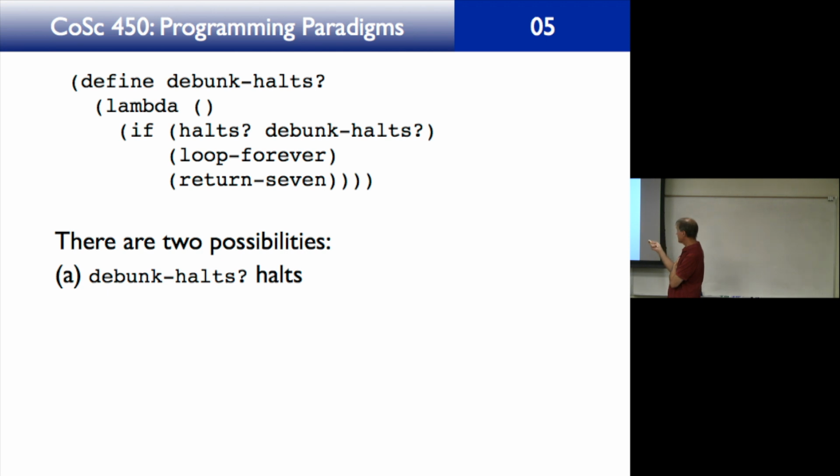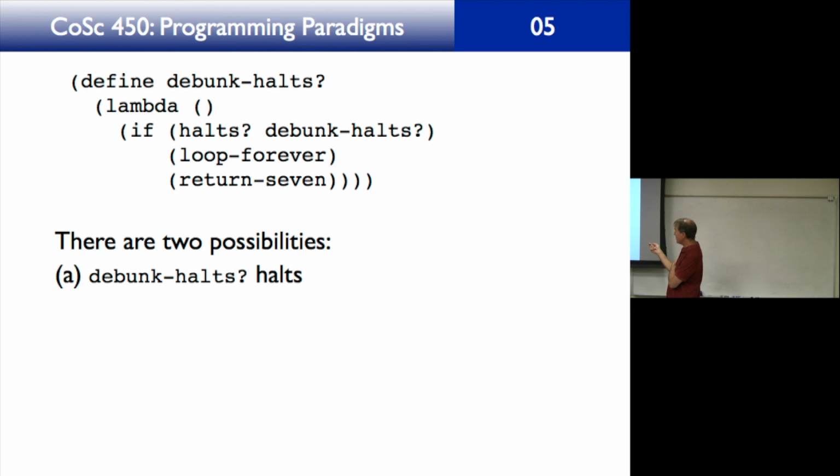Here's one possibility. One possibility is that debunk halts actually halts. Now follow this reasoning, you guys. If debunk halts, what does that say? And if we did write halts such that it correctly was able to analyze it, what would happen?